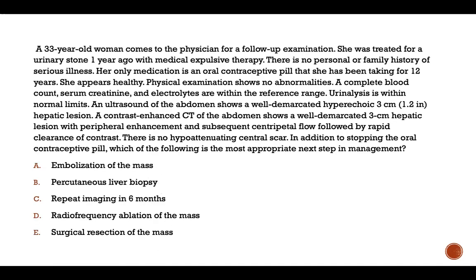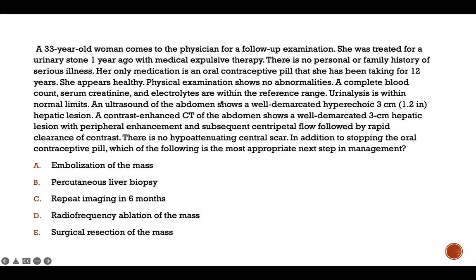Okay. A 33-year-old woman comes to the physician for a follow-up examination. She was treated for a urinary stone one year ago with medical expulsive therapy. There is no personal or family history of serious illnesses. Her only medication, oral contraceptive pills, taken for 12 years. She appears healthy. Physical examination, no abnormality.